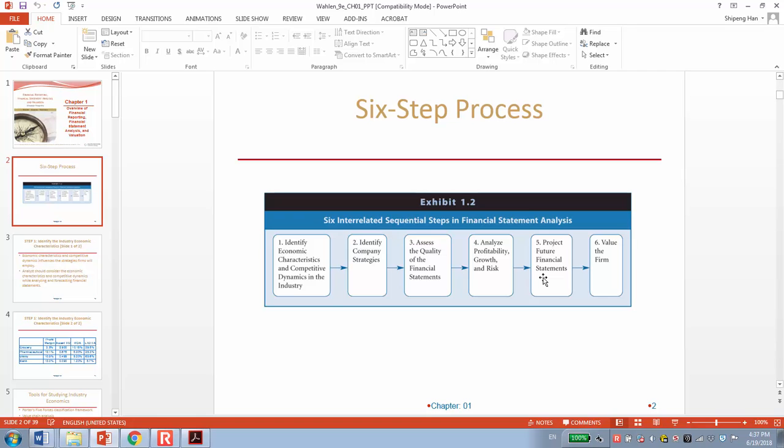That's easy to understand. So we should analyze the performance in the past. To analyze the performance of a business, we actually analyze the profitability and the risk. Those are the 2 key indicators of a firm's performance: profitability and risk.